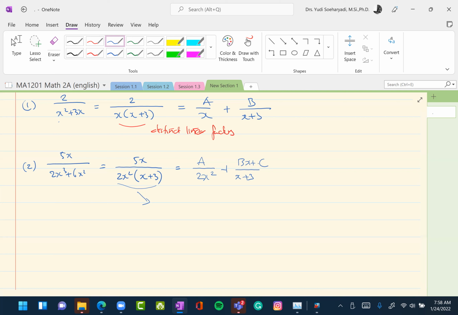Let's see. If you do this one, the integral, for example, this one here, the integral would be, let's see, what's the integral for the second? Suppose you get b and c.